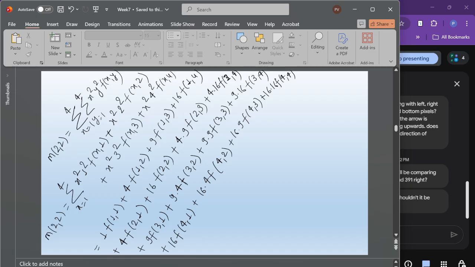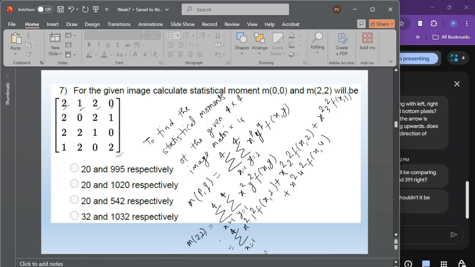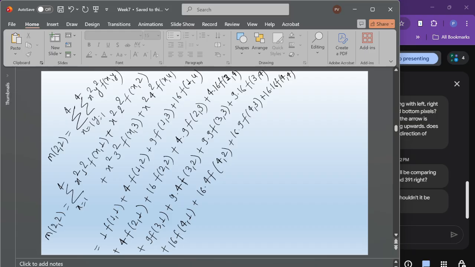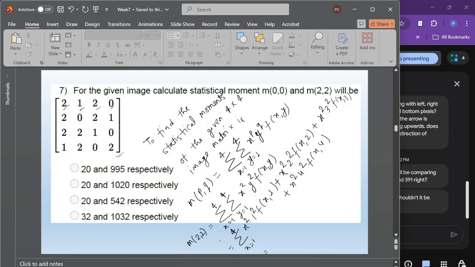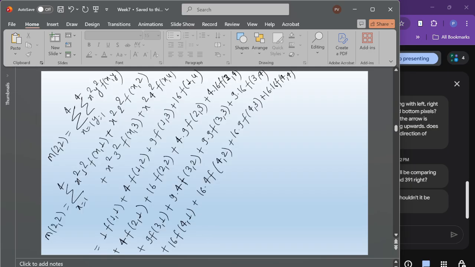So this is the whole summation equation of M22. Now we need to put all the values, that is F11 and so on, in this and multiply. I have already put it and multiplied it. So F11 is 2, so 1 into 2 we get 2.